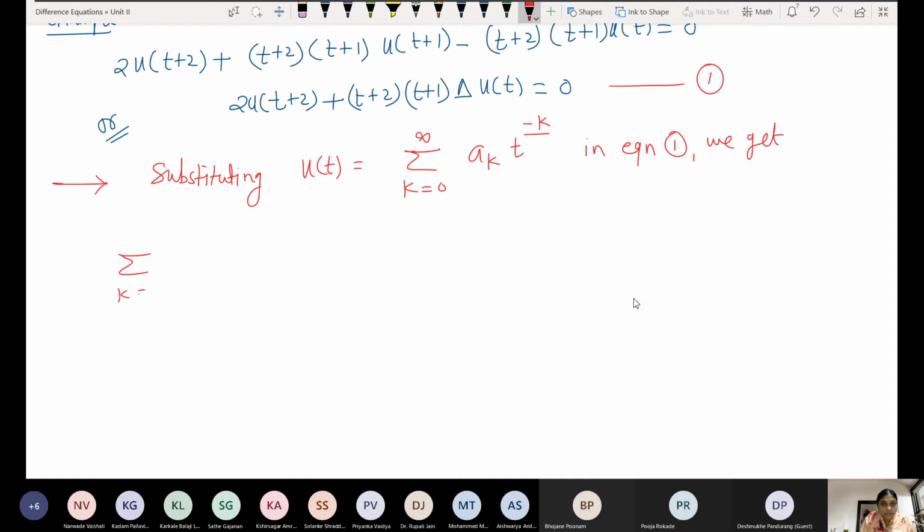summation k equal to 0 to infinity, 2 times a_k, t plus 2 raised to minus k falling, plus t plus 2 times t plus 1, delta of summation k equal to 0 to infinity a_k t raised to minus k falling.